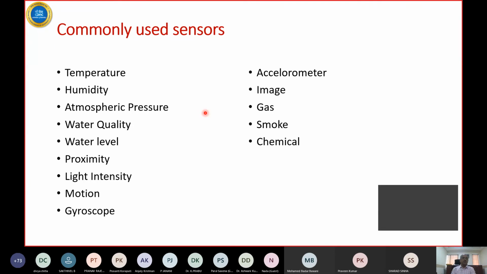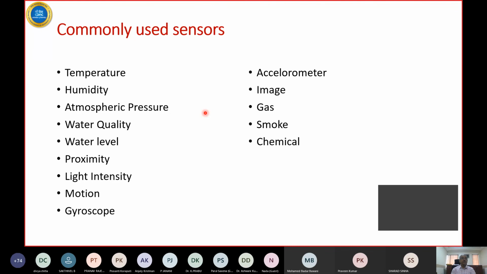So water level, this is used for controlling supplying water to an area and all. Proximity sensors, this is used for smart buildings. You turn on the lights when somebody enters. Then light intensity, you can use it, let's say in this room, you can see there are some LED bulbs or LED panels.